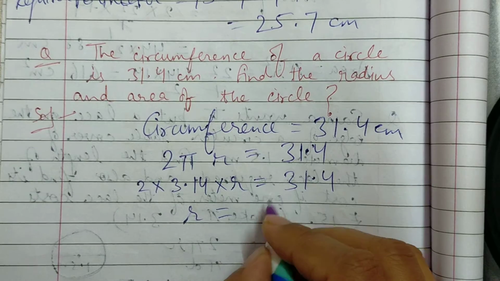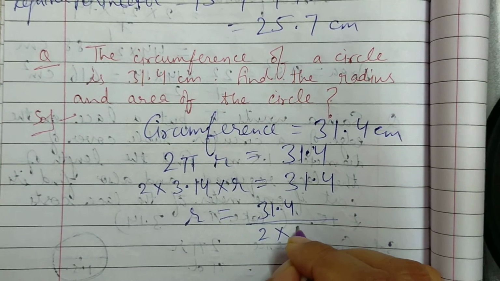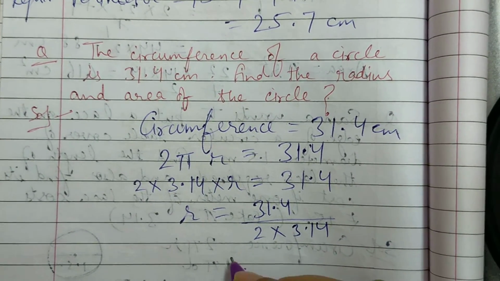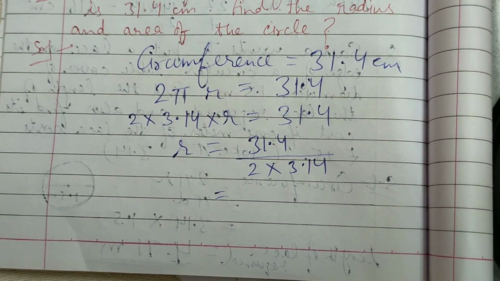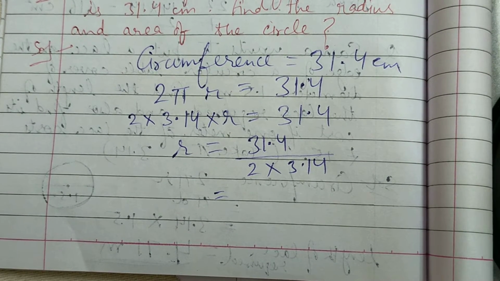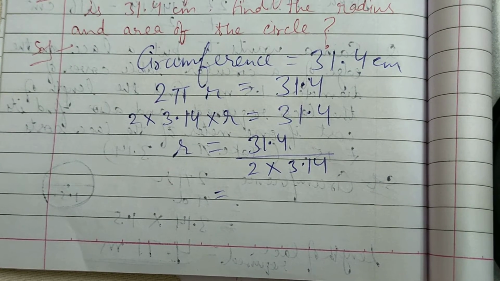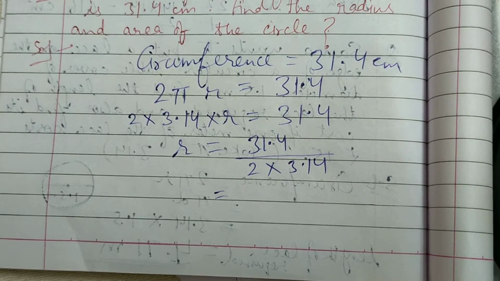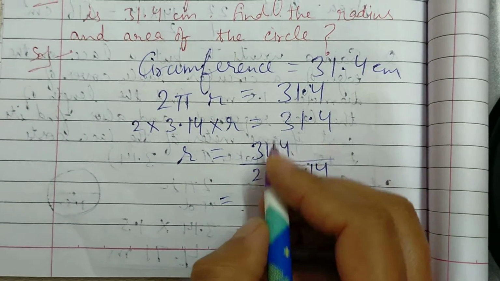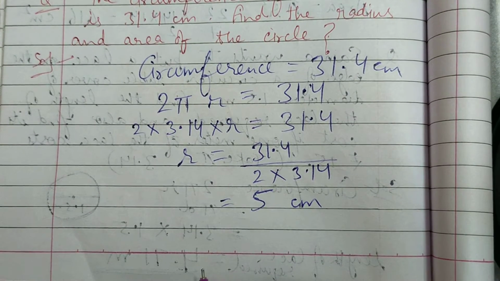So r becomes 31.4 divided by 2 times 3.14. When you calculate this, you will get 5. 5 centimeter is the radius.